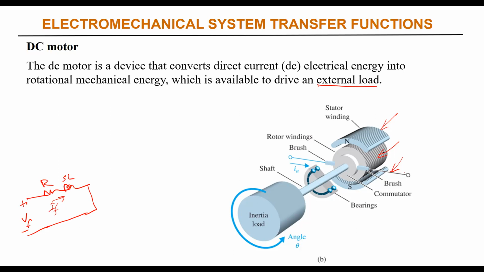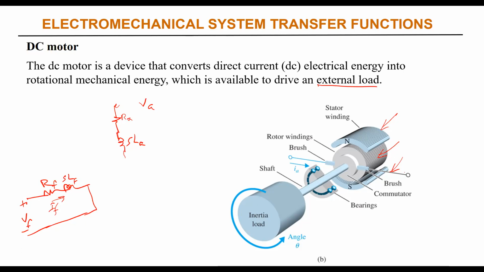Now, let me go to the rotor part. What will be in the rotor part? Again, an applied input, let me call it VA, and then let me call this RF, F, the field. So I will have RA, S LA. What else will I have? The voltage induced.